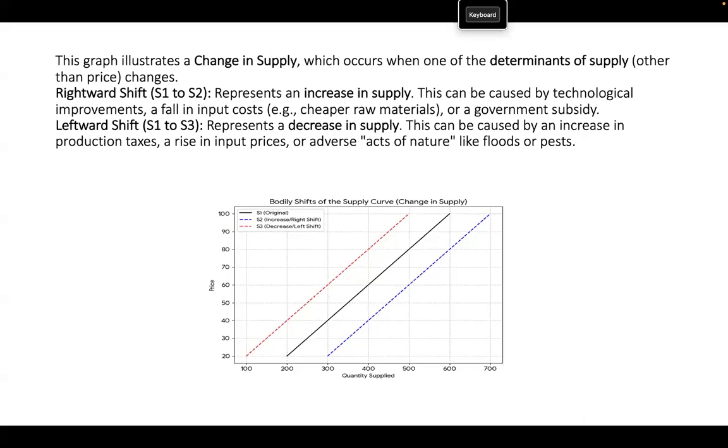Because assuming your income level has increased, your disposable income, the money available for you to buy goods, has increased. Therefore, you can buy more of a product.